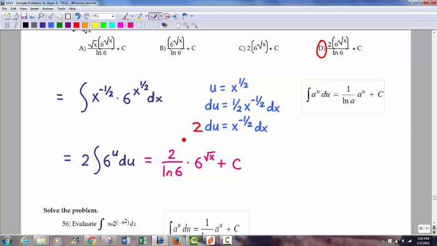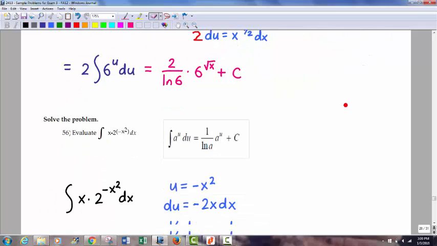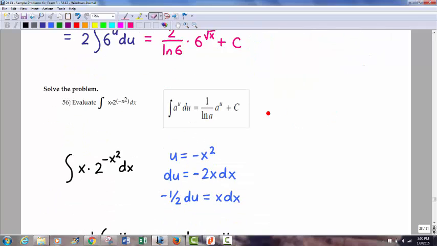So we have a 2 here, so we then divide by ln of 6 because the base was 6, and then a to the u is the answer, so 6 to the square root of x. So it'd be 2 over ln of 6 times 6 to the square root of x. And there it is. Answer D. Perfect. All right, not too bad. Looks like we got another one of these. Beautiful.